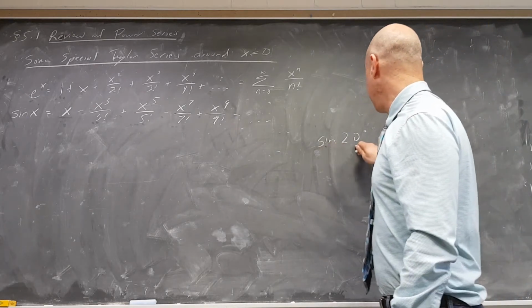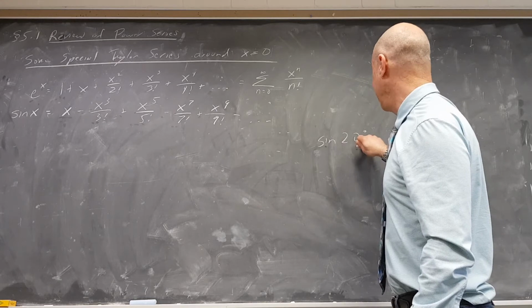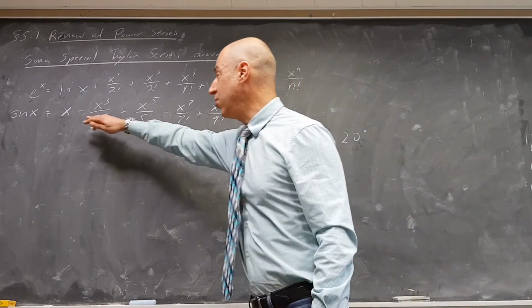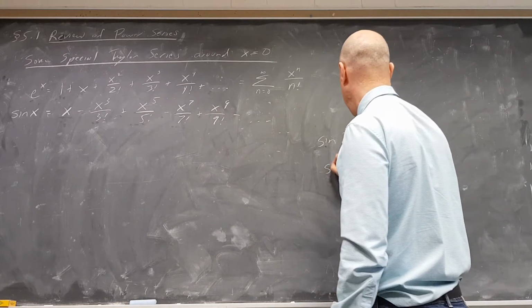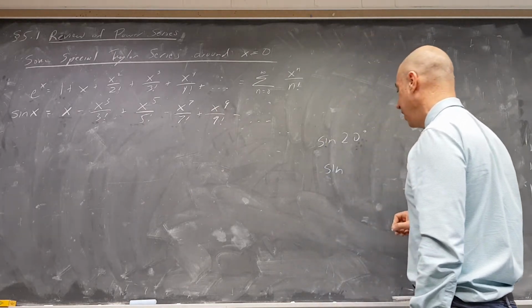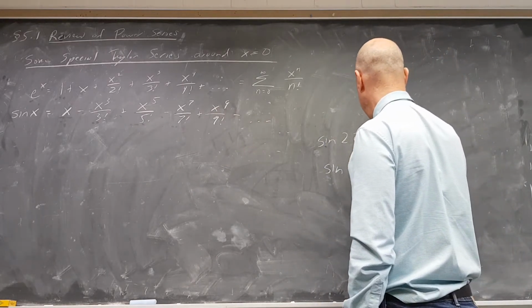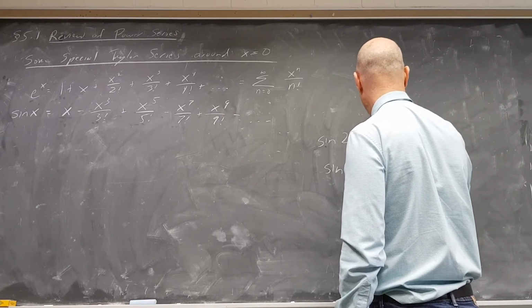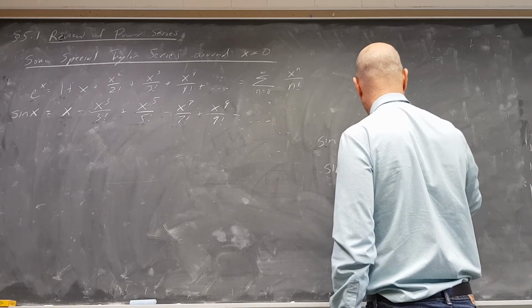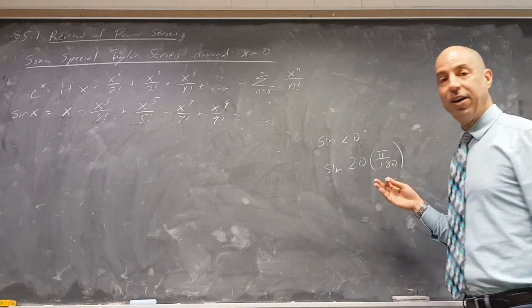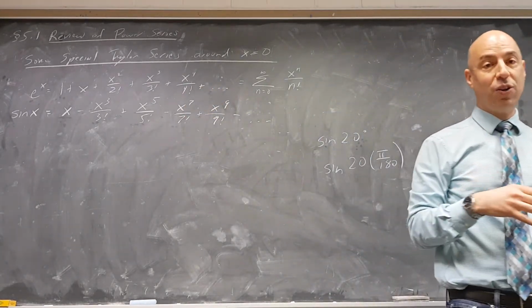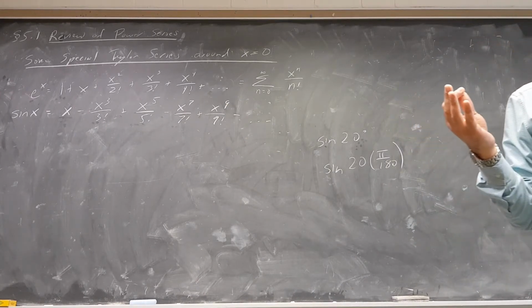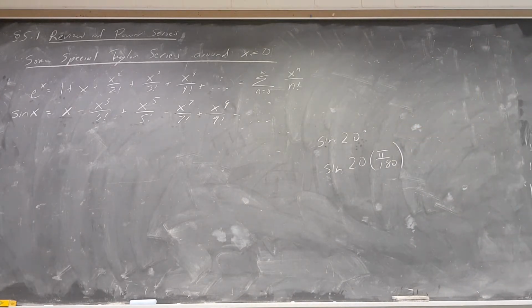Instead, what we do, of course, is change the 20 degrees into radians, because this only works if x is measured in radians. So we know how to change a number into radians. You take 20, and then you multiply by pi divided by 180, and you get a decimal value. And then you plug that into this expression, and now you can work sine of any angle you want out with pencil and paper.